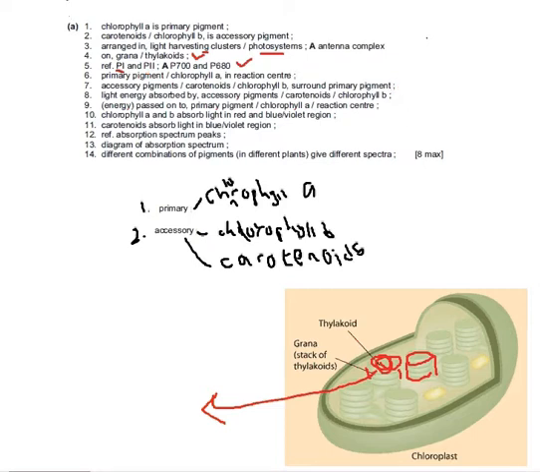If you wanna get it, this was the primary pigment, and then around here there are all these accessory pigments like chlorophyll B and carotenoids.